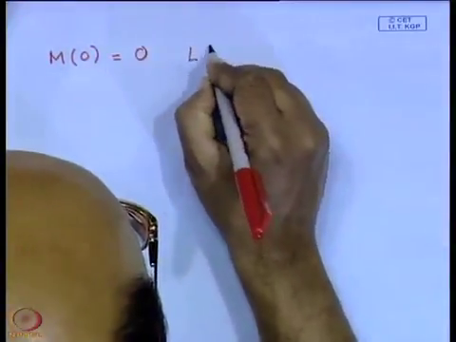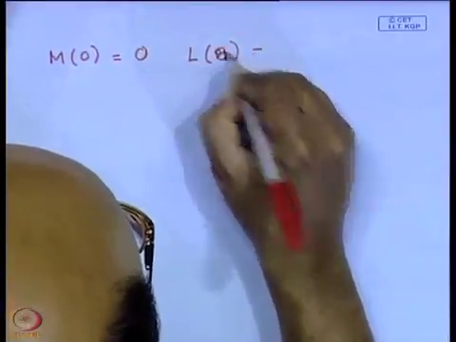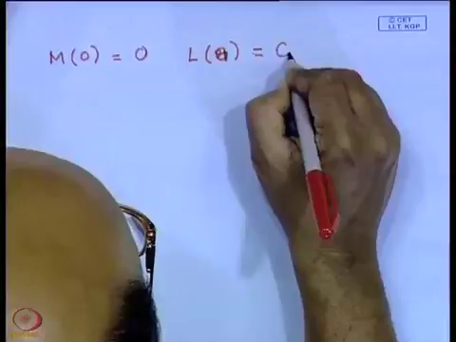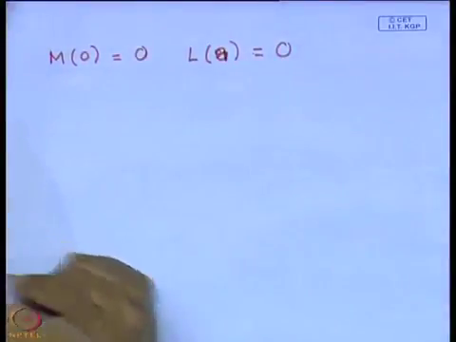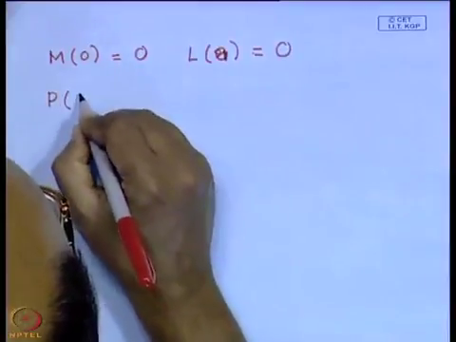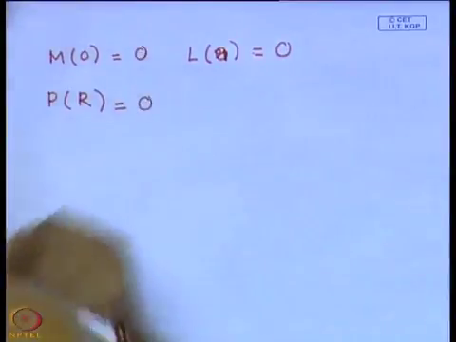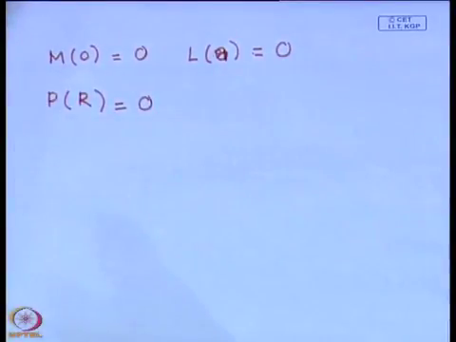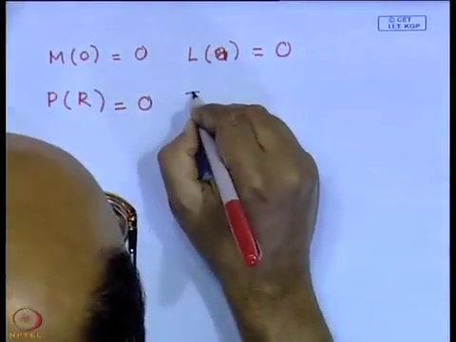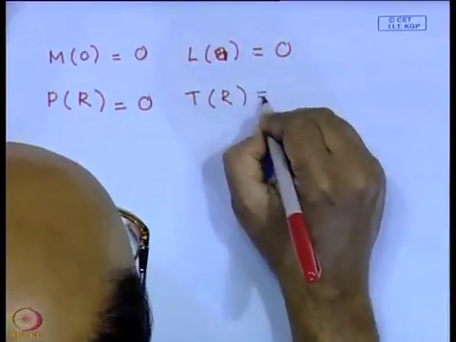The luminosity at the center is 0 at the origin. The pressure at the surface of the star should vanish if it has to be in equilibrium. The temperature at the surface also has to vanish.